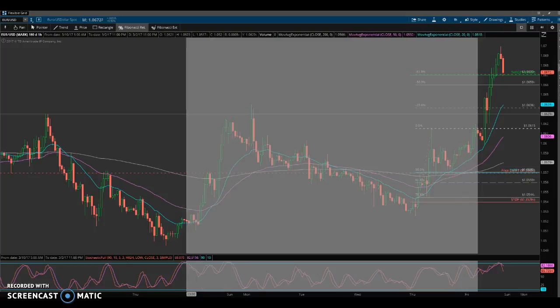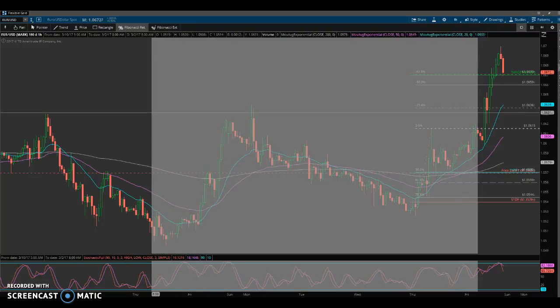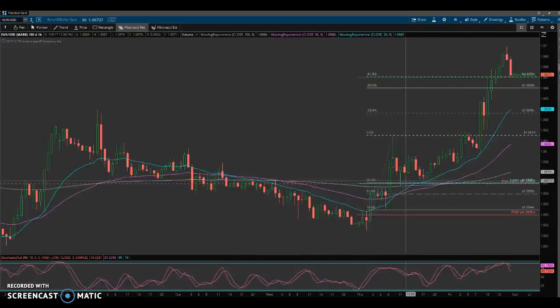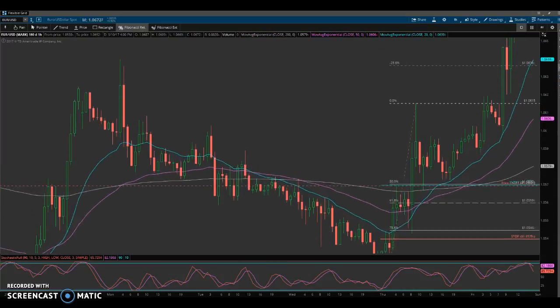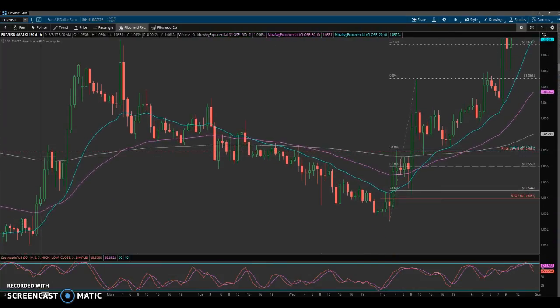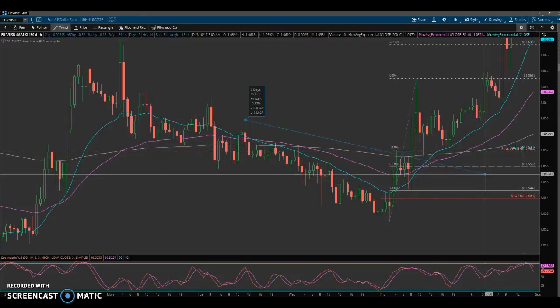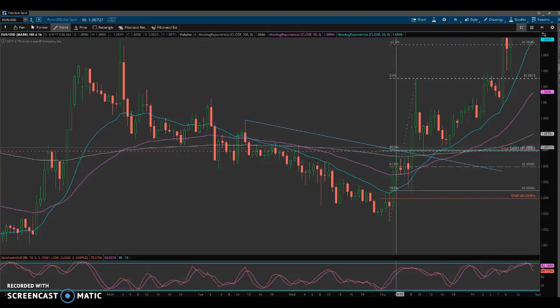In addition, we had that 200 EMA right there on the 1 hour chart, and we also had a little minor trend line, you could call it, that I had drawn in. So right somewhere around there, there's a little wick high right there before retracing and breaking this level.